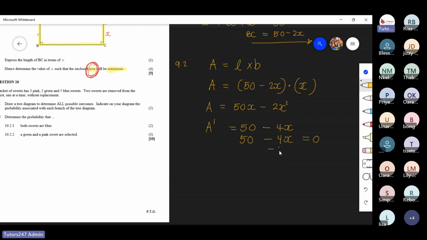So that is going to give us negative 4x equals negative 50, we can divide by -4 on both sides, and you therefore have x equals 12,5. So that is our answer. That is the value of x for which the area will be maximum. If they asked you to calculate the maximum area, you would then substitute that x value into the original area equation and get the maximum area.